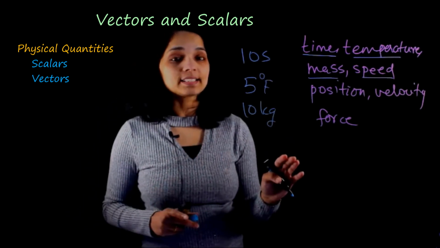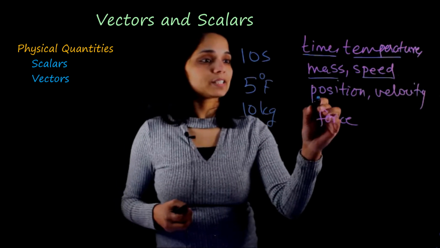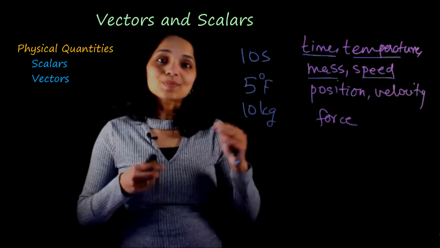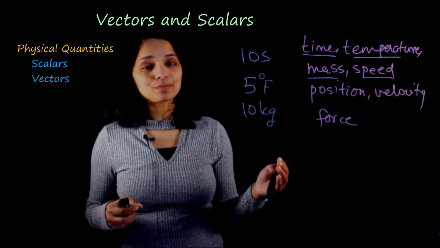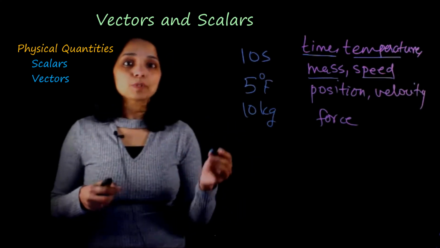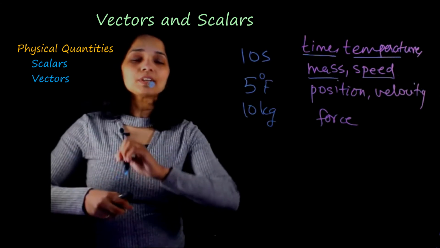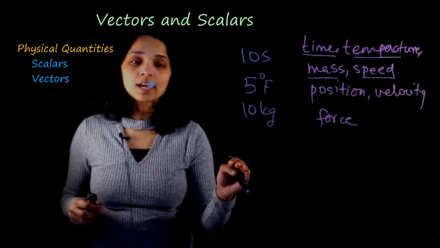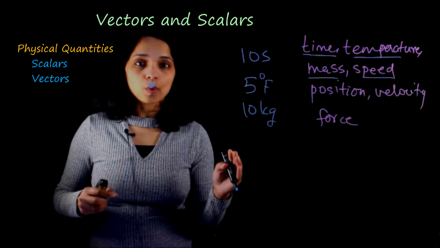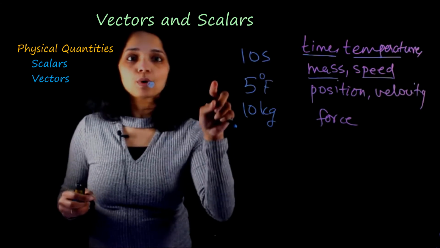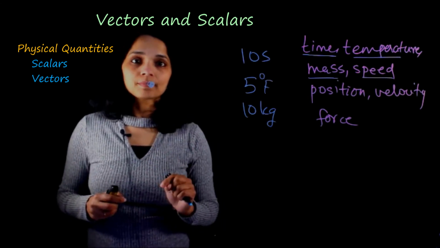That makes complete sense. But certain other quantities such as position, velocity, force require magnitude as well as the direction to make complete sense of it. For example, if I'm talking about the position, if I draw a dot in here and if someone else is asking me to put another dot at 5 centimeters away from it, I'm completely lost because there are many different points at 5 centimeters away from it.